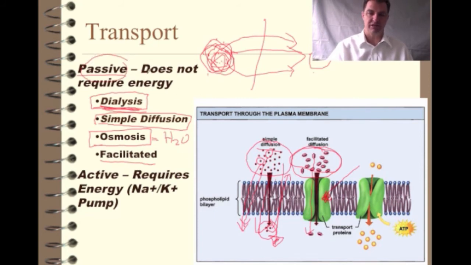They're passive because they do not require energy. They simply go from high concentration to low. I often equate this to a rock rolling down the hill. All of these are like the rock rolling down the hill.